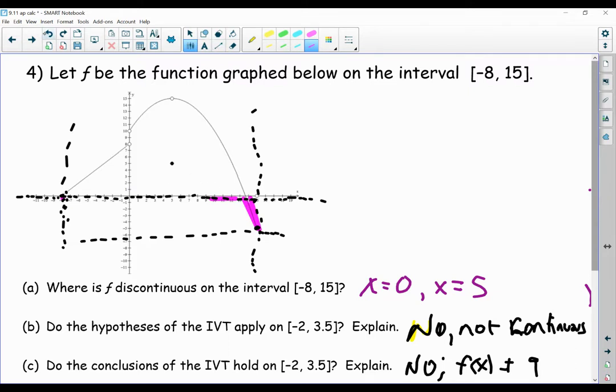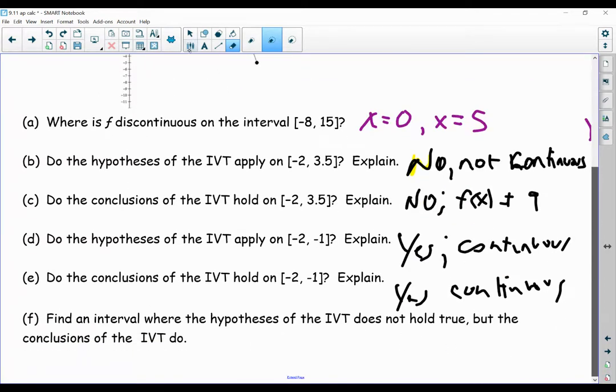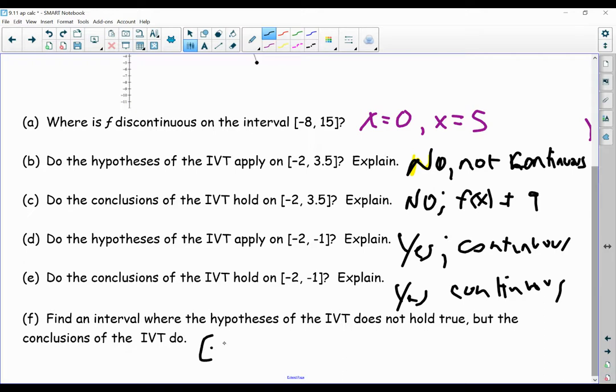So that's one interval. Another interval I could pick, let me go ahead and erase that. There we go. So let's pick another interval. One interval was -8 to 15.